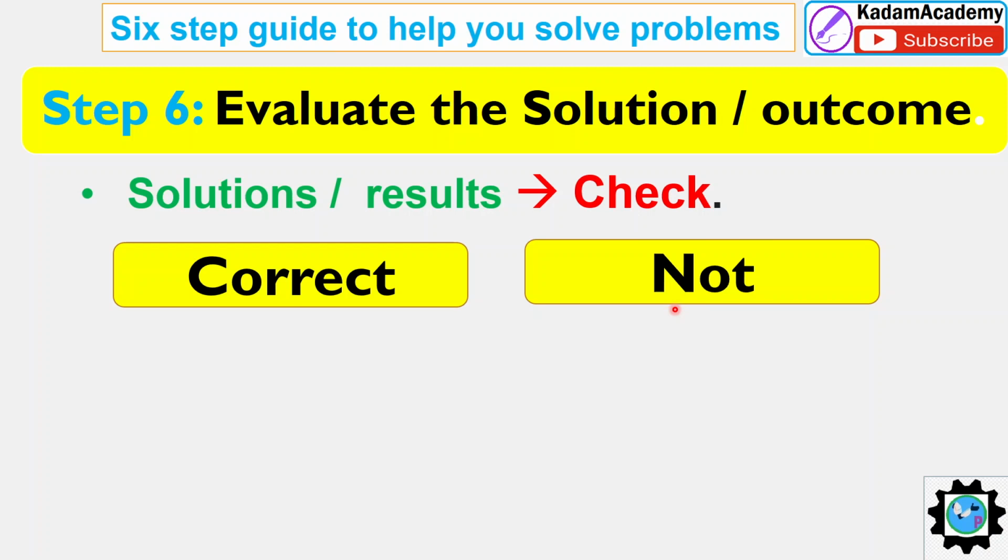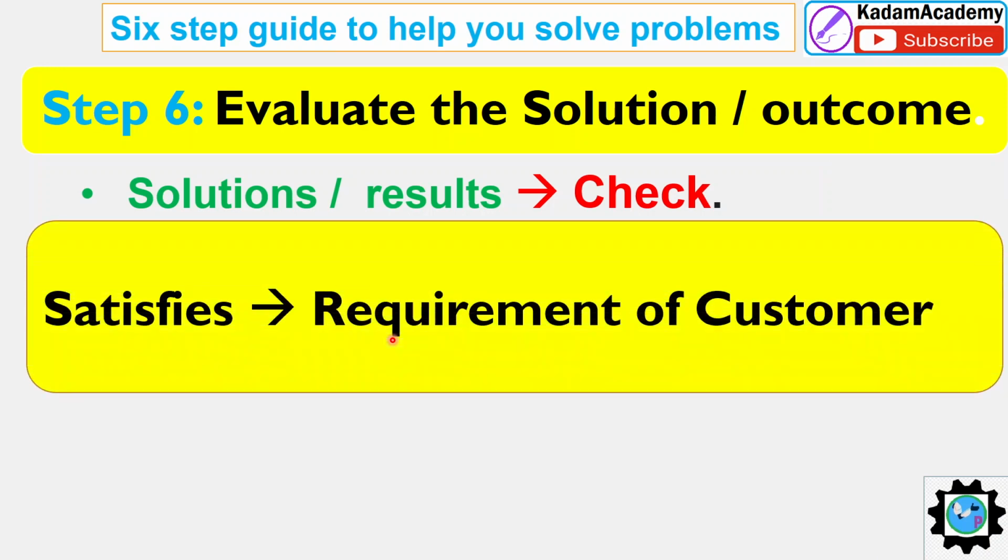That means you evaluate the solution, which will give you an outcome, and check whether it satisfies the requirements of the customer or not. That is important. What is your problem? What outcome will satisfy it or not, that we have to check.